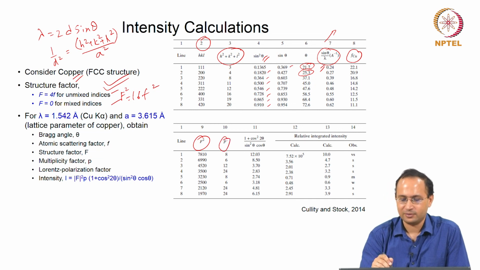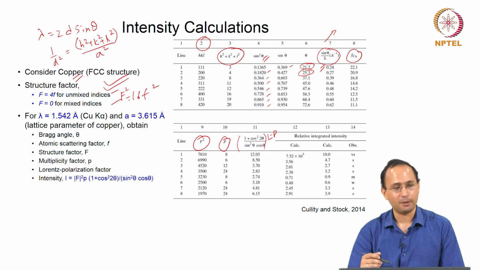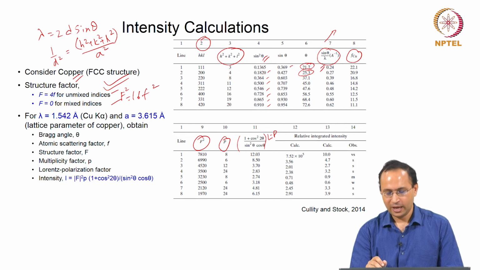Now, the multiplicity factor, P, which we talked about in the last slide, and this is your Lorentz polarization factor LP, (1 plus cos square 2 theta) over (sin square theta cos theta). Rather than going into detail, you can just calculate this. This combines your Lorentz factor and polarization factor. Now you know everything, assuming there is no effect of temperature or absorption in this case.